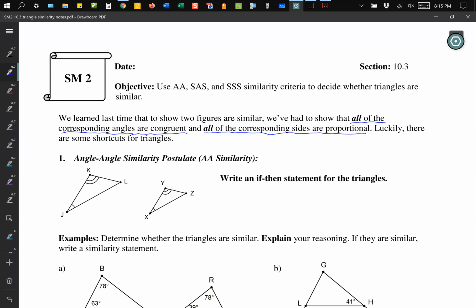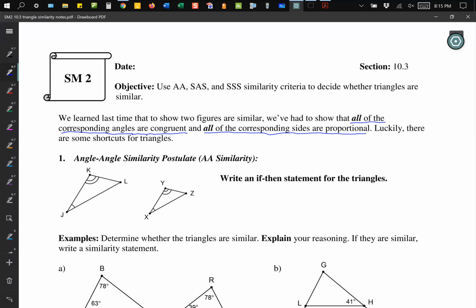If you're looking at triangles, there are some shortcuts. You don't need to know information about every single set of sides and every single set of angles. You only need to know some information about some of those things, and you can prove for sure whether or not the triangles are similar.